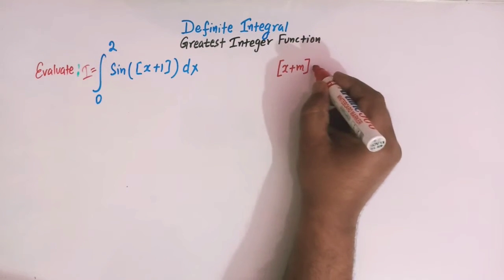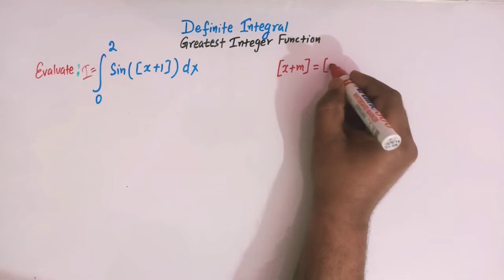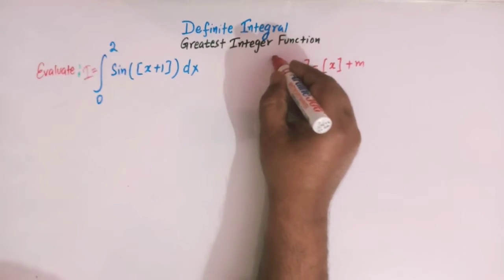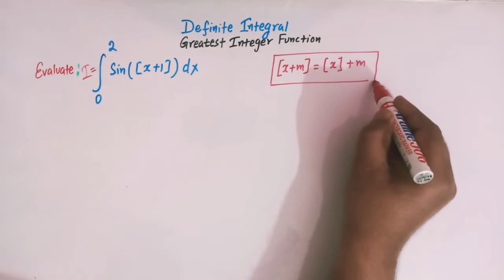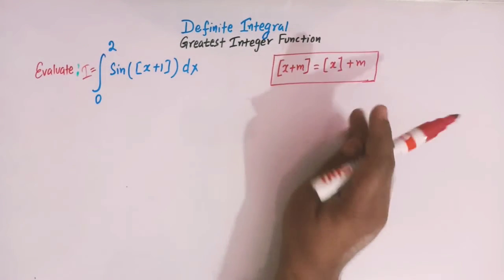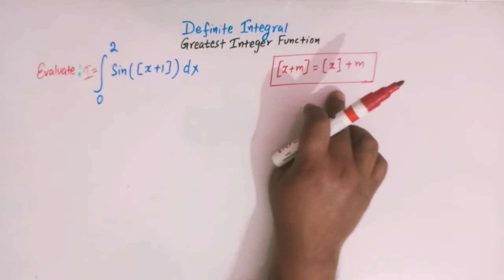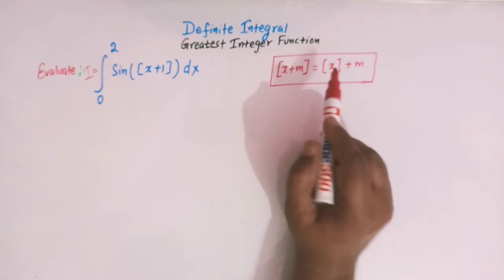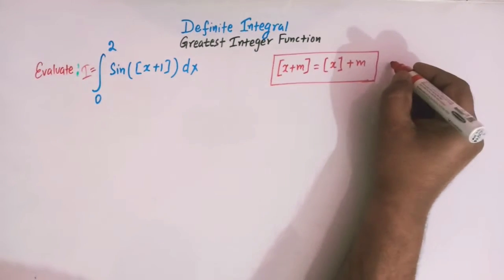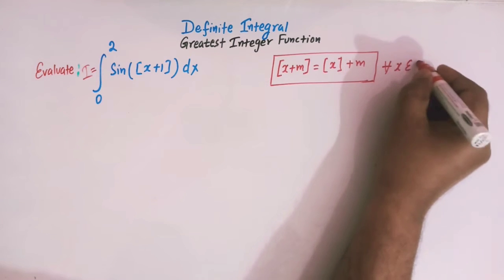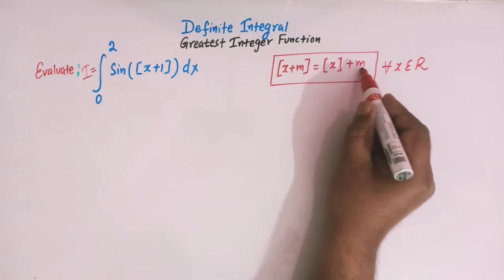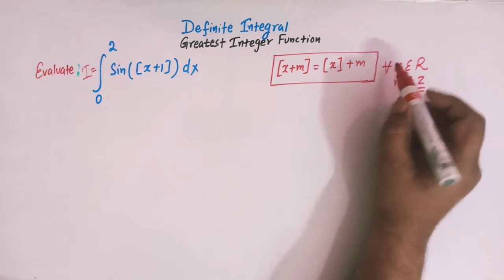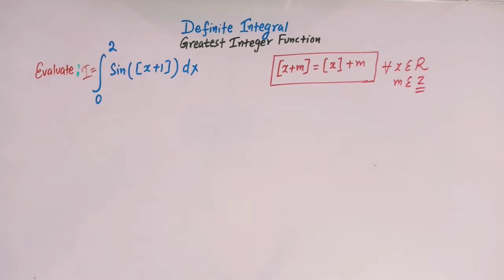We'll make use of this property, and we should remember that x is a real number and m is an integer.